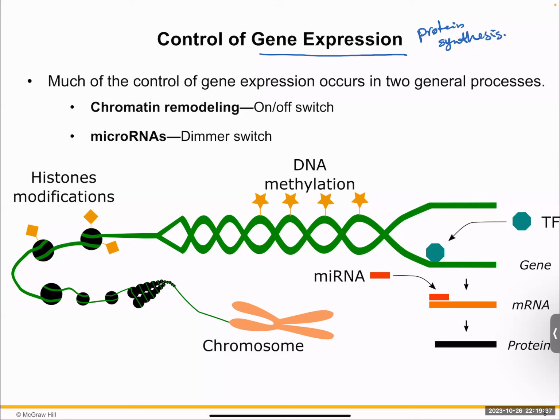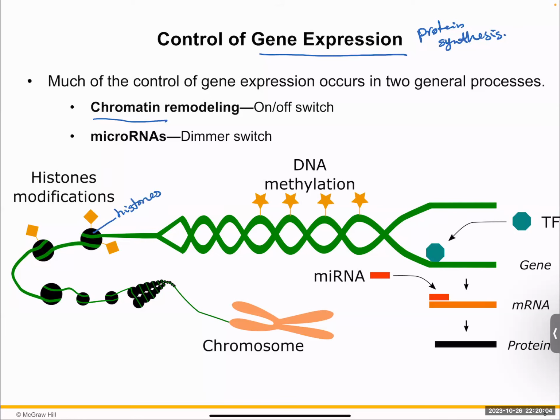One of the most important controls is chromatin remodeling. And again, if you guys remember, chromatin was basically a level of condensation for the DNA where you have individual nucleosomes, which is basically DNA wrapped around histones, and then you condense them a little bit more. So right here, these little circles are identifying your histones.